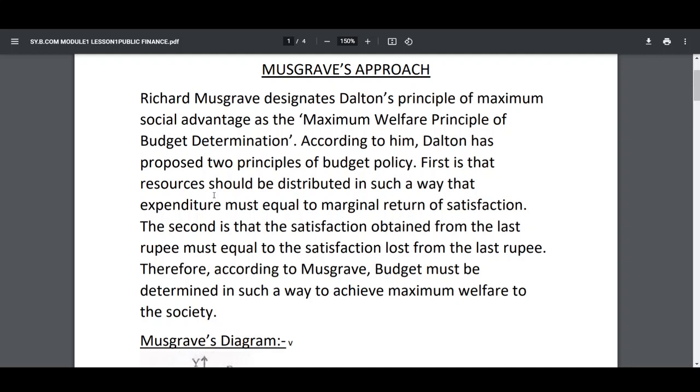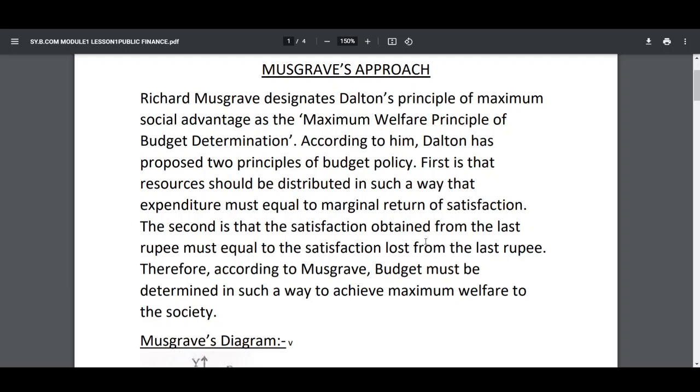First, the resources should be distributed in such a way that the expenditure must equal the marginal return of satisfaction. And the second is that the satisfaction obtained from the last rupee must equal the satisfaction lost from the last rupee.